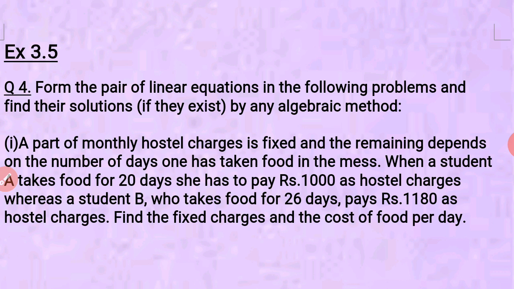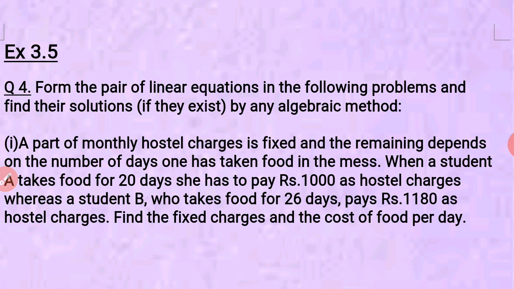It is, a part of monthly hostel charges is fixed and the remaining depends on the number of days one has to take food in the mess. So there are two types of charges. One is fixed charge, the other is the number of days food has been taken. It is similar to the taxi related question that we have already done. When a student A takes food for 20 days, she has to pay rupees 1000 as hostel charges.